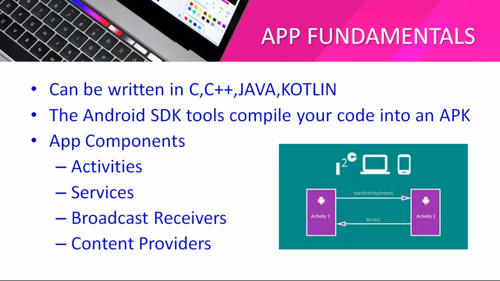You can see that in your Play Store, right? That is called a service. Without user interaction, your application running in the background is called a service. And the third one is broadcast receiver.